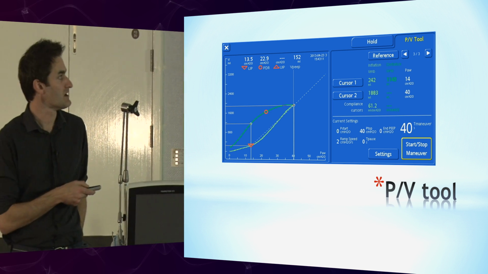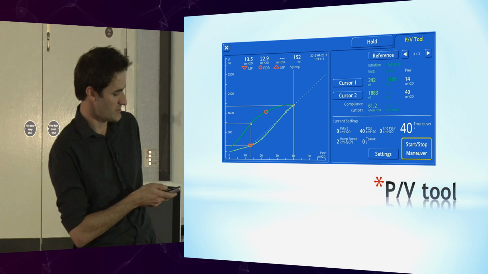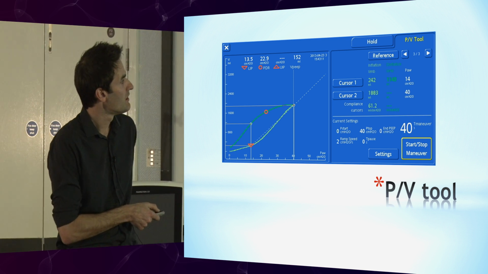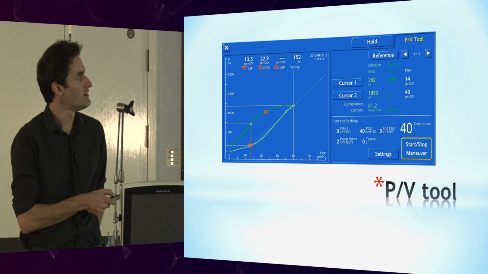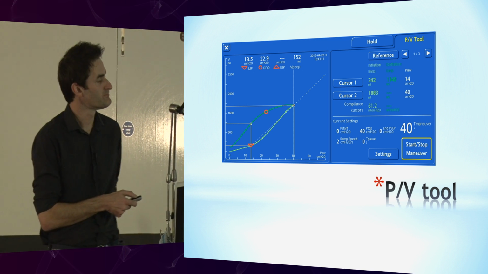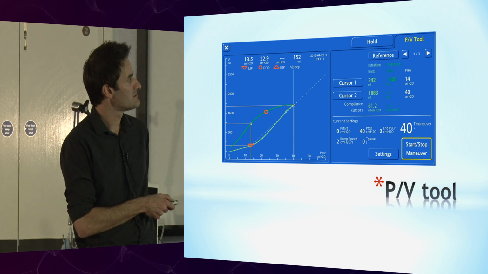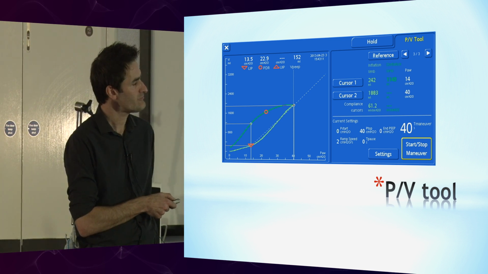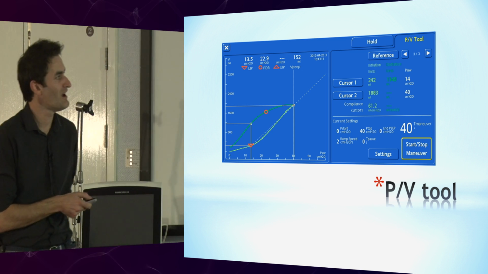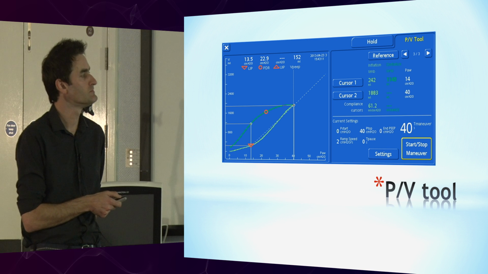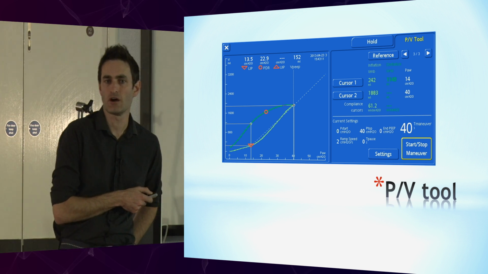These are the numbers that we tend to use. This is the curve here: inflation limb, deflation. What we do is we start at 0 and set a P top, or the top pressure, at 40. Sounds quite a lot, but we don't wait at 40, so there's no inspiratory hold here.